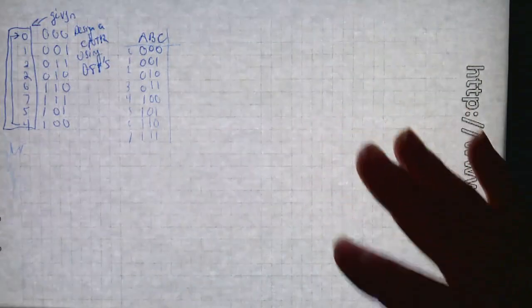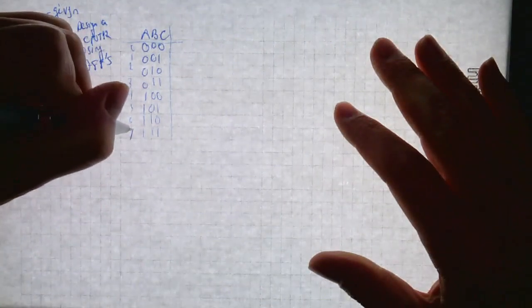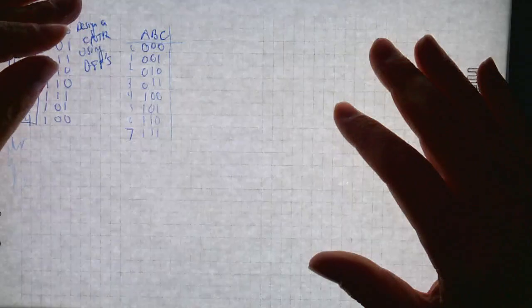I think my pen has run out. Ah! Just a minute. We're going to fix this right now. Okay. Sorry about that. You know what? I'm not too happy with the way that looks.